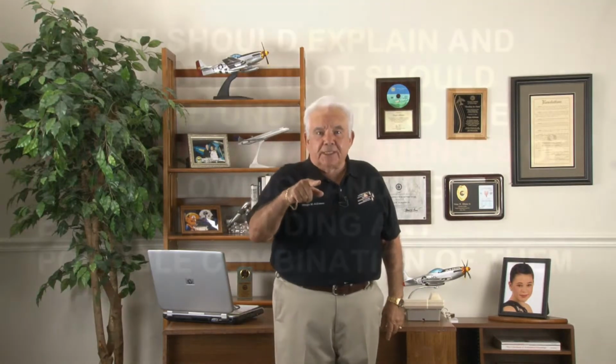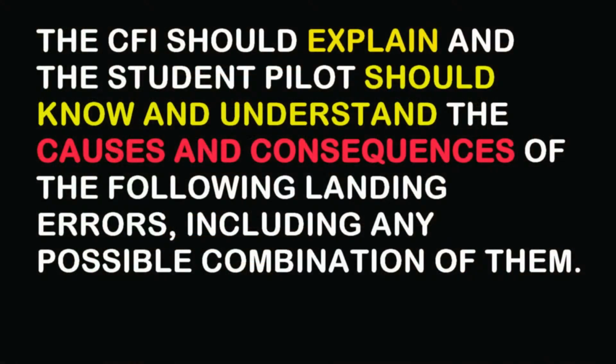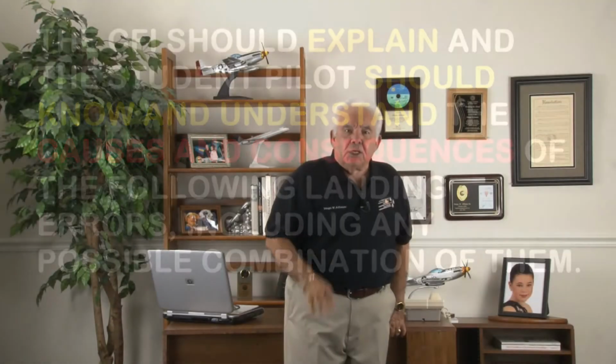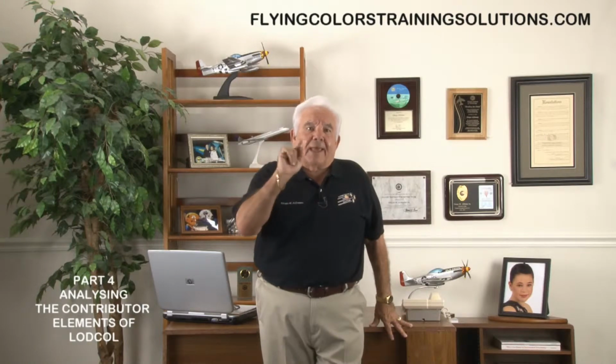Now, additionally, the CFI must explain and the student pilot must know and understand the causes and consequences of the following landing errors. We're not talking about approach errors now, we're talking about landing errors, including any possible combination of them. Note that just like before, I did say explain, not demonstrate.